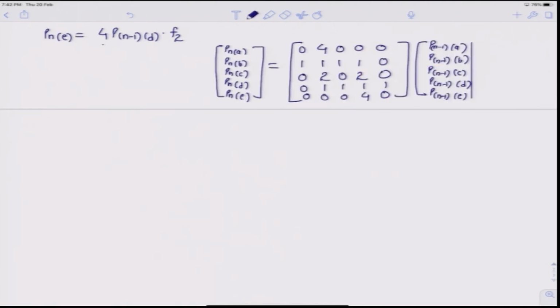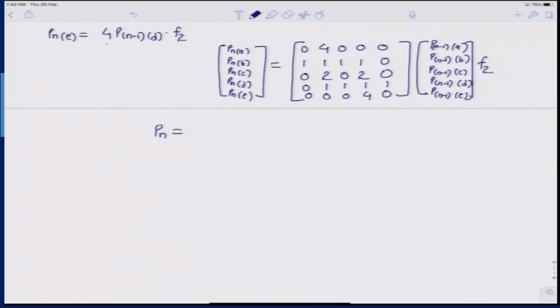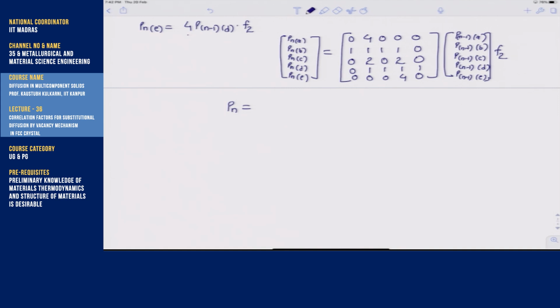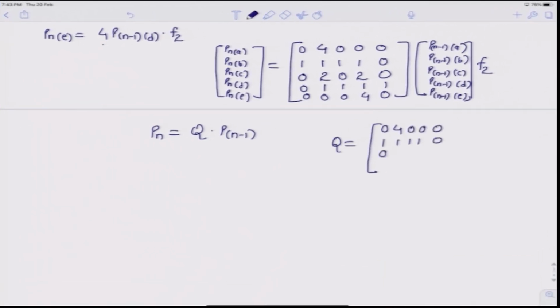So, if we call the matrix on the left-hand side Pn, this 5 by 5 matrix with a factor of F2, and if we call F2 times this square matrix Q, and the second column matrix here Pn minus 1, so Q here is 0 4 0 0 0, 1 1 1 1 0, 0 2 0 2 0, 0 1 1 1 1, 0 0 0 4 0, times F2.